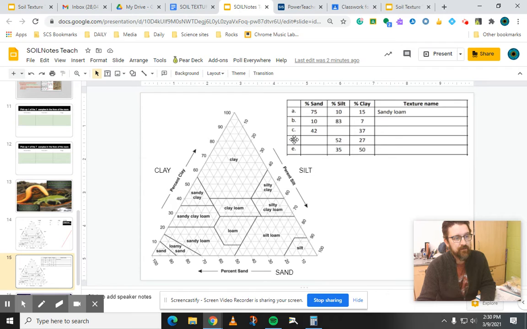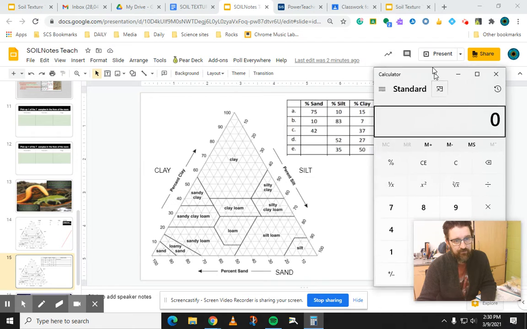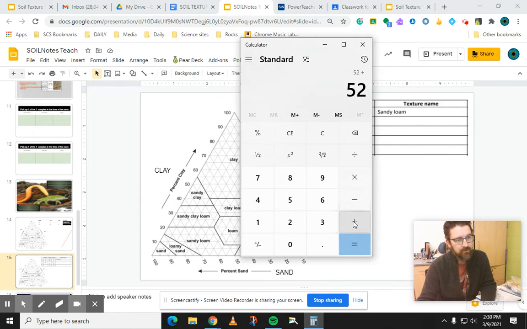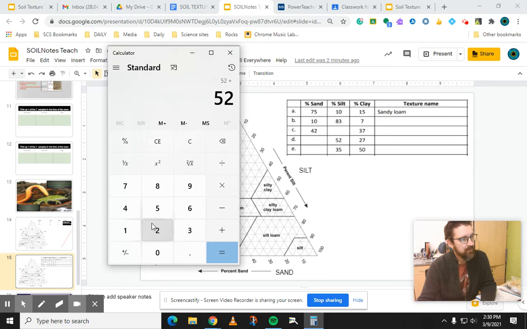So if we're looking at problem D, we know that there's 52% silt and 27% clay. Now, if you add those together, you get 79. So again, 52 plus, the calculator over here, plus 27, that gives you 79.